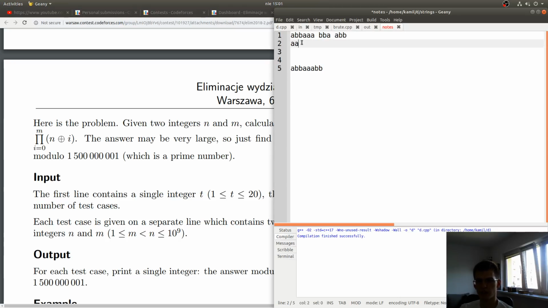Here we must choose either this prefix or this prefix to make AA inside. Among the 6 possible prefixes, starting from this one, A, B, and so on, only the last two are okay. So there are 2 ways to choose a prefix to make this AA inside, and of course all 3 ways to choose a suffix are okay.